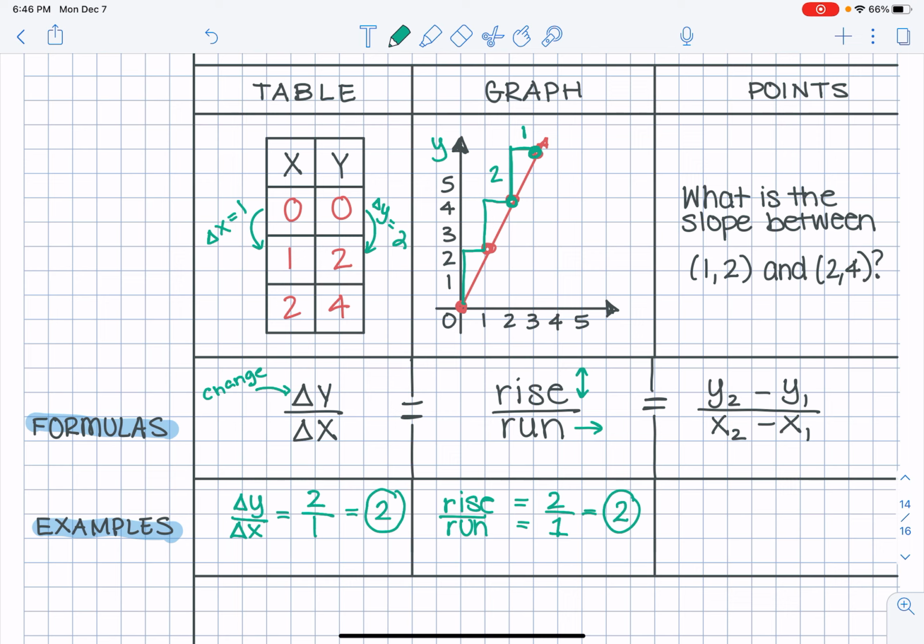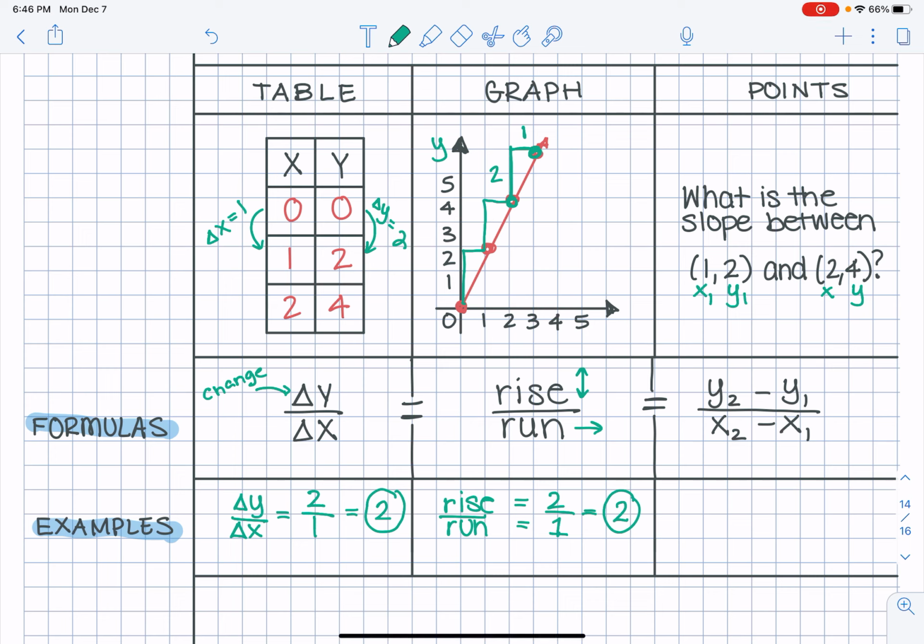And then finally is my last one. Let's pretend I'm giving you 2 points, but I don't give you a graph to look at. We have to calculate slope this way. So we know that for every point, we have an x coordinate and a y coordinate, right? Same thing here. And just to organize myself, since this is the first point, I'm going to call this x1 and y1.